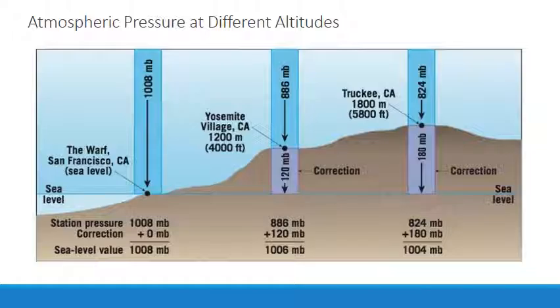So here's 824 plus 180. And that brings me a number really similar to the other two that I've seen so far. 1,004 millibars is just a little bit lower than the 1,006 we measured at Yosemite.